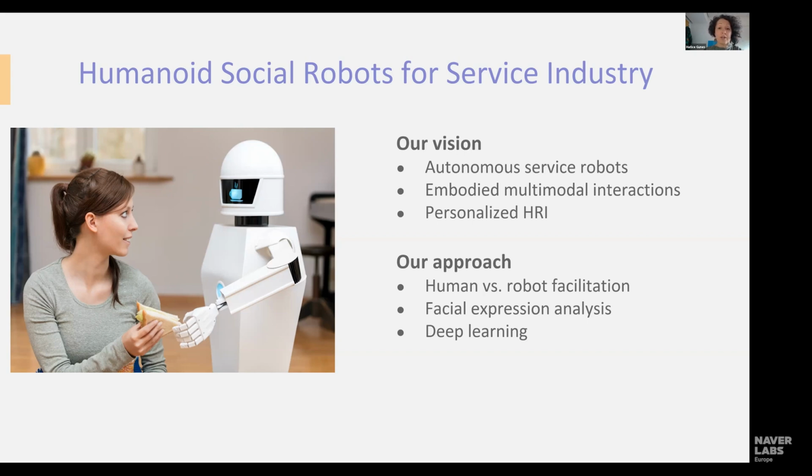And our approach initially is to actually look at human versus robot facilitation to understand similarities and differences and analyze different signals, but particularly facial expressions, and then focus also on deep learning, with the ultimate goal of creating these autonomous adaptive service robots that can be used in various industries like restaurant settings, hotels, and so on.